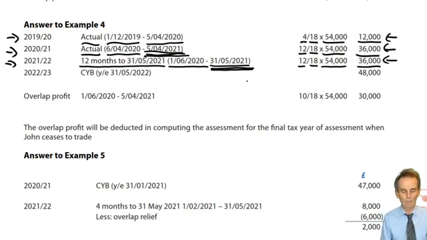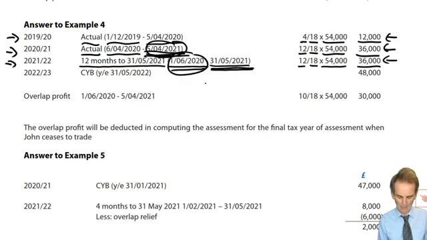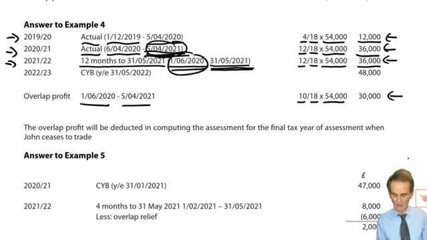Only 2 unique months, therefore 10 months of overlap. 10 months, of course, which run from, there's your 1st of June 20, there's your 5th of April 21, there is the overlap period. 1st of June 20 to 5th of April 21. That, as we've said, is 10 months out of the self-same 18-month period in which we made 54,000. So there is the £30,000. What do we do with it?